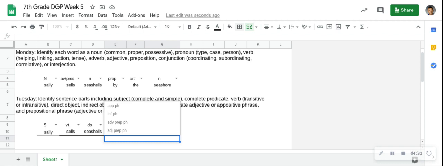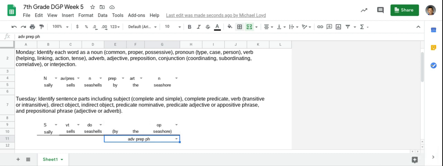Oddly enough, it's an adverb because it's describing the location where it's happening. Does that make sense? Yes. So it's an adverb prepositional phrase. And I'll double check that to be sure, but I'm fairly certain that's what we're looking at there, okay?